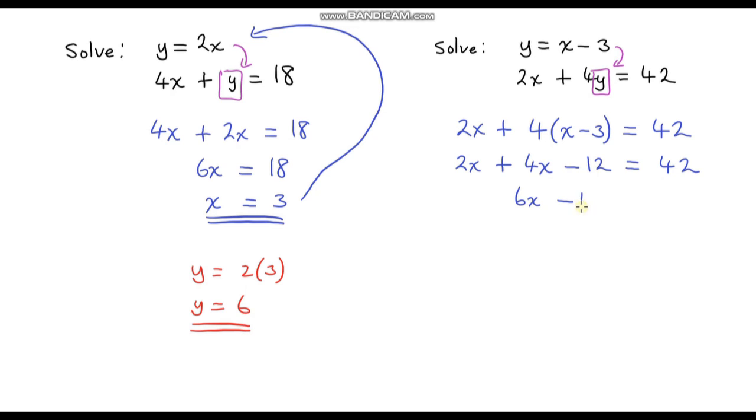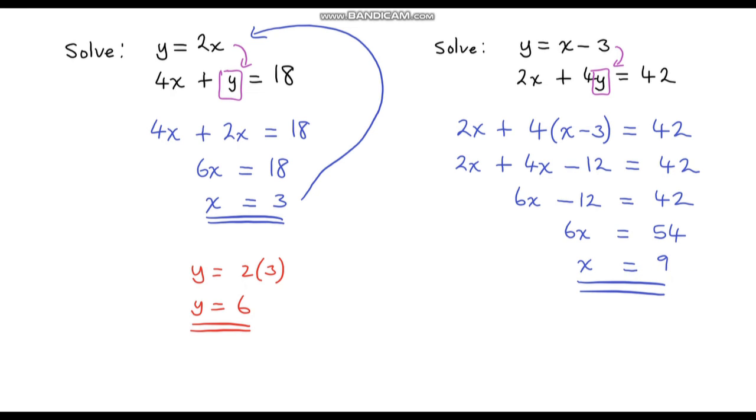So 6x minus 12 equals 42. And now if we add 12 to both sides, we get 6x is equal to 54. And now finally, if we divide both sides by 6, we get x is equal to 9. So we have found our value for x, which is 9.